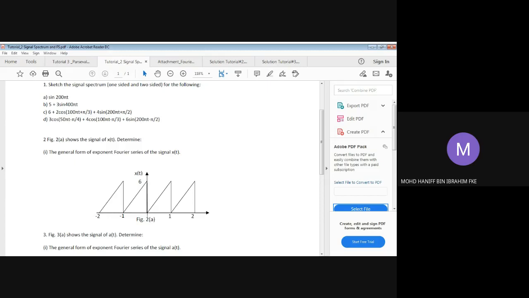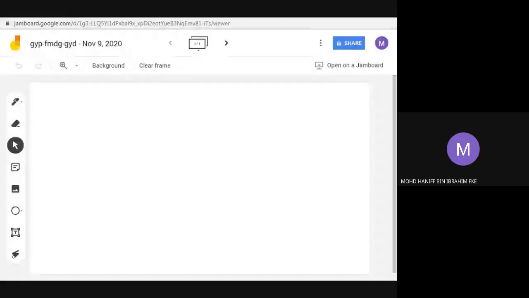I'm going to use a Jamboard. For part D, I will concentrate on the third term, which has a sine term.